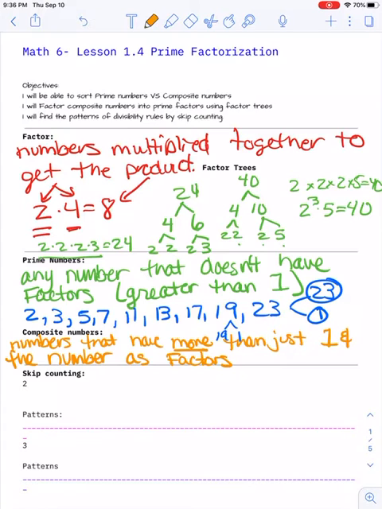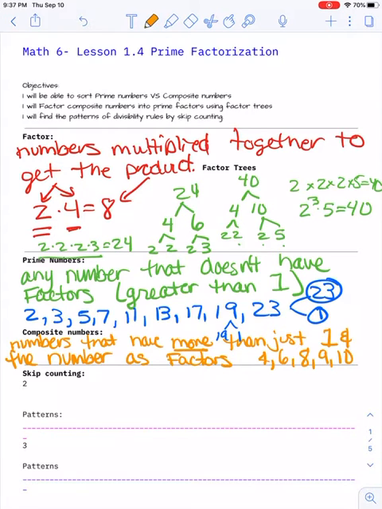So it has lots of numbers that could be. For instance, composite numbers would be 4, 6, 8, 9, 10. Anything that I can multiply two numbers to get to that number. I can multiply a 4 and a 2 to get to 8, therefore it's a composite number. Okay?